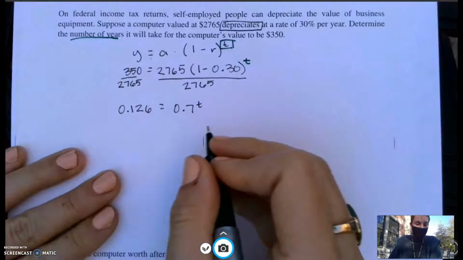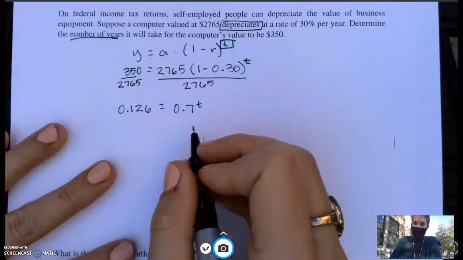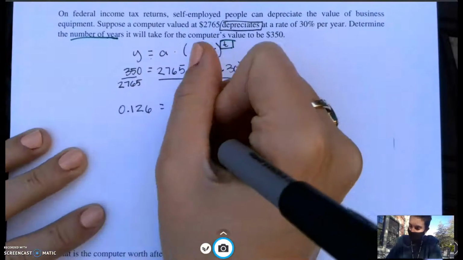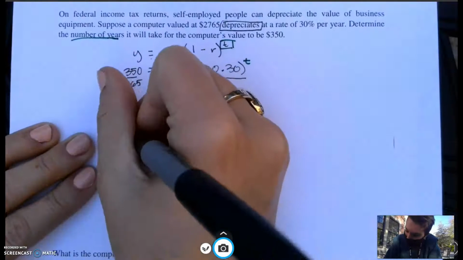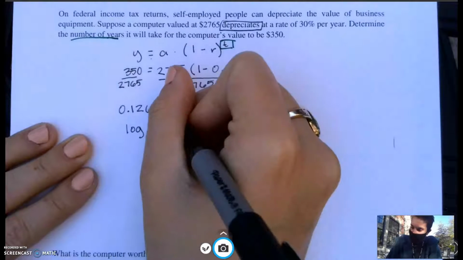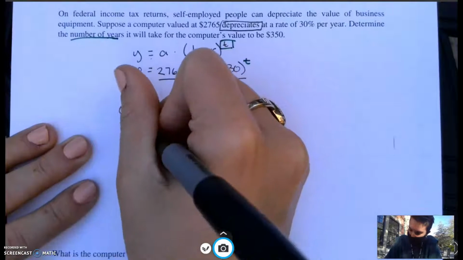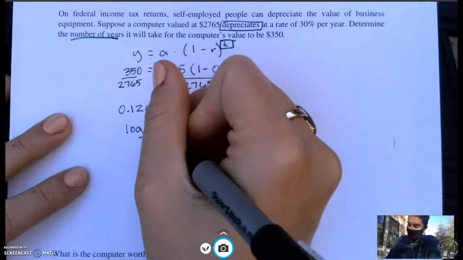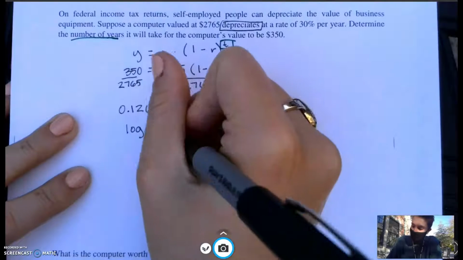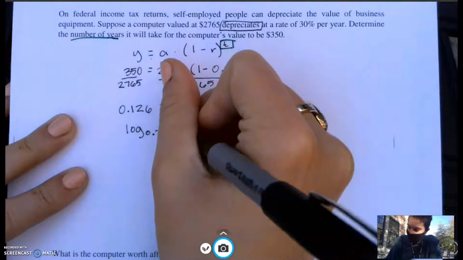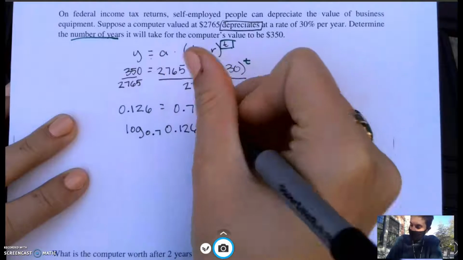At this point, we just need to rewrite this in our log format, right? So in this case, our log base, so base is this guy here, is what we're raising the exponent to, of the answer 0.126 equals the exponent t.